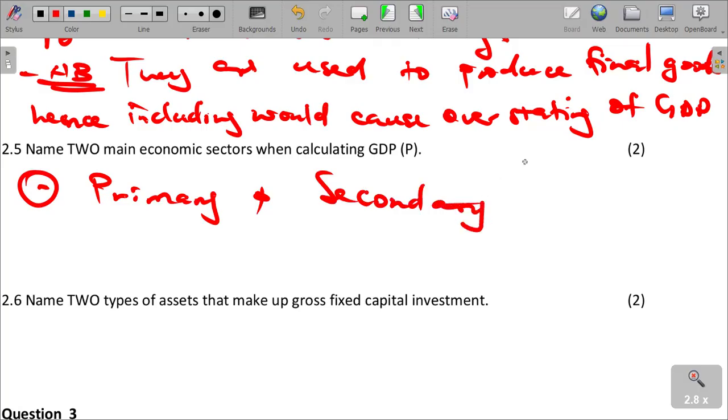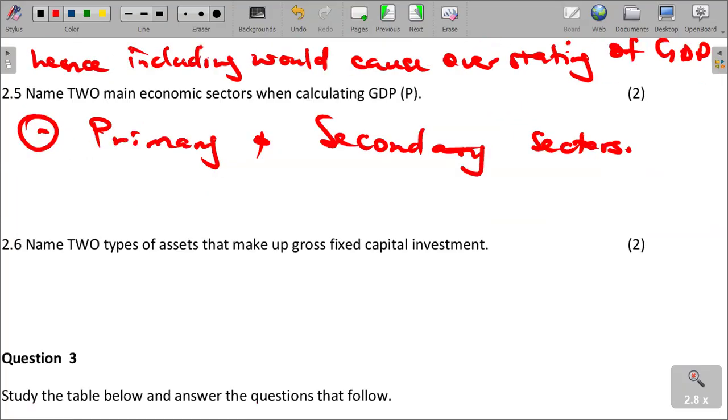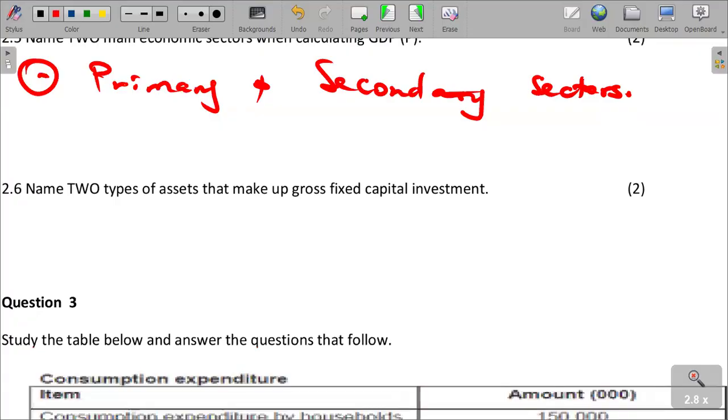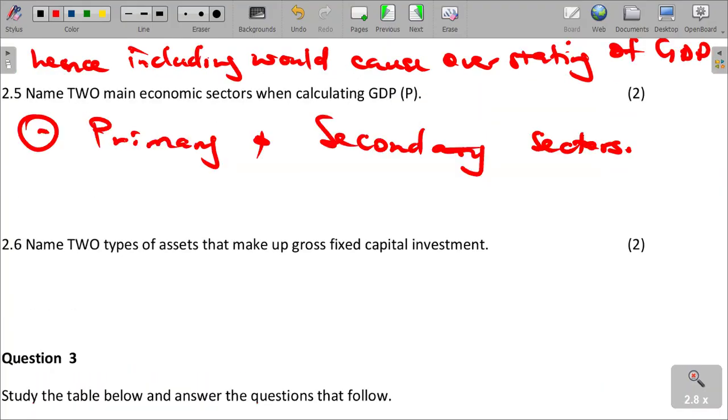Primary and secondary sectors are the main sectors that we talk about when calculating GDP. We talk about production in the primary sector and production in the secondary sector. They are the two main economic sectors we need to consider when calculating GDP.